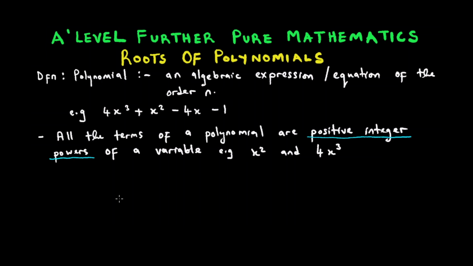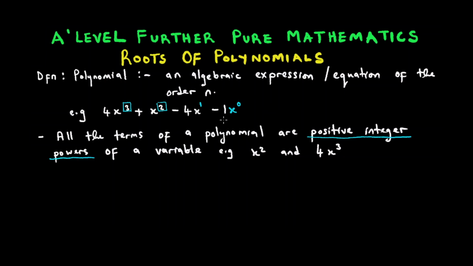Let us look at the powers we have. In this polynomial, we have the power 3, we have the power 2, then here we also have the power 1. We can actually add x to the power 0 here, because any term raised to the power 0 gives us 1.